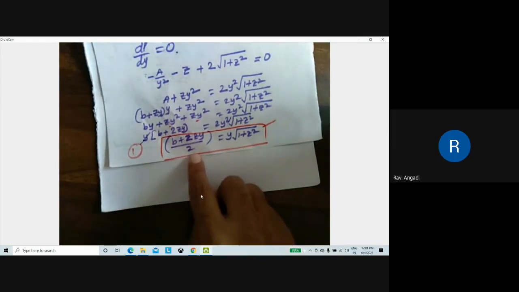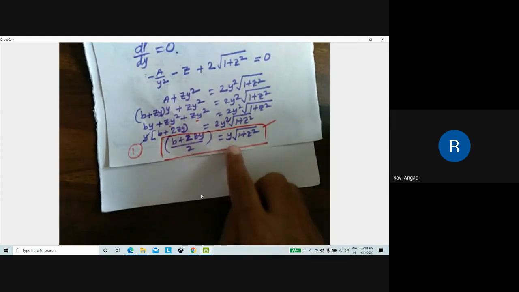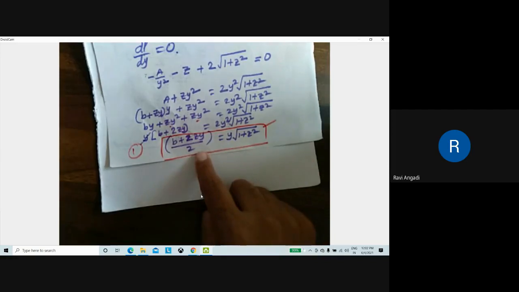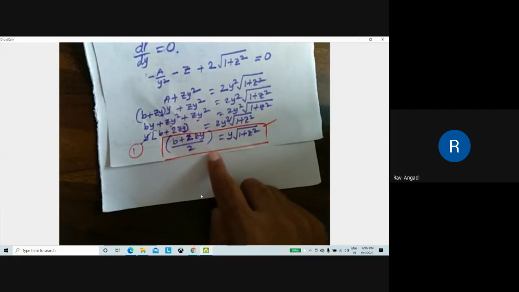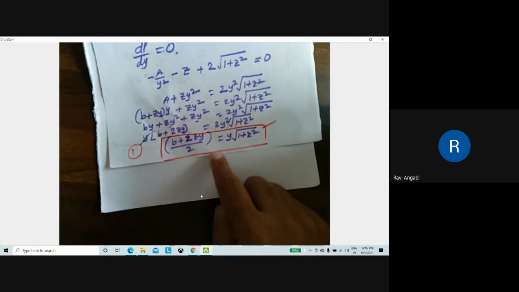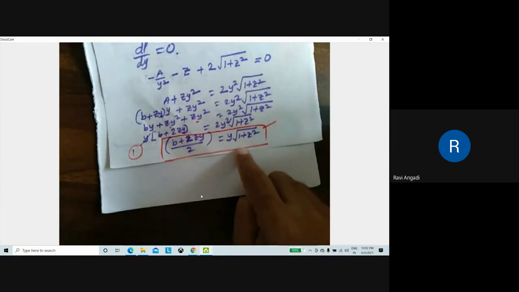Half of the top width is equal to one side of the slant length. I'll repeat once again. The first condition for a trapezium, to be utilized in problem solving: half of the top width is equal to one side of the slant length. Is it clear? Yes, sir.